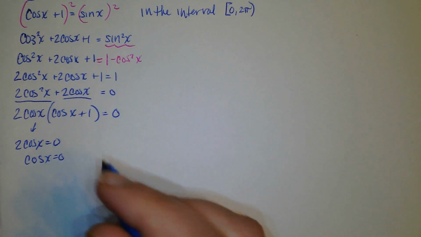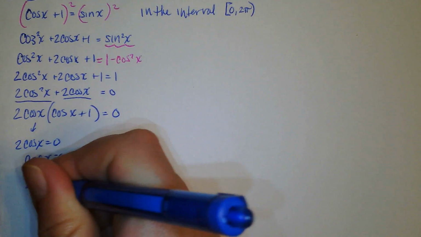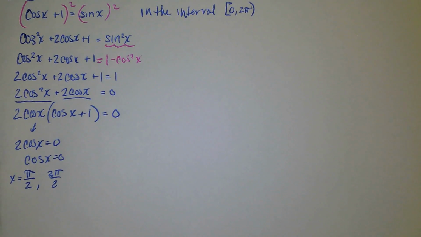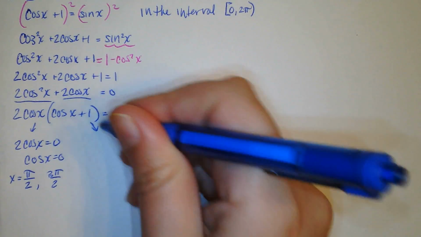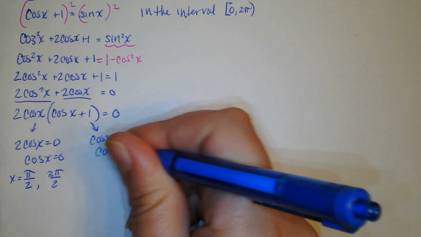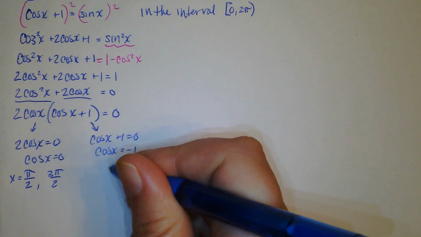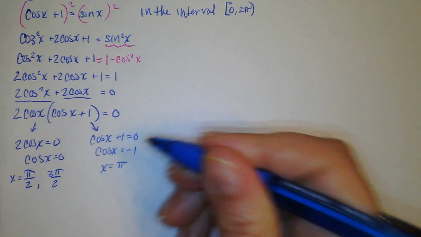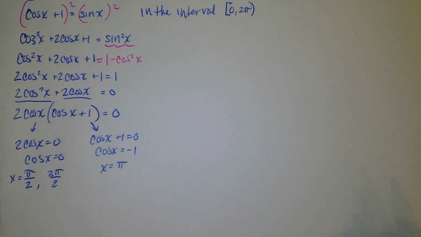When is cosine x equal to 0? That's at pi over 2 and 3 pi over 2. All right, let's split this one off and solve this. Cosine x plus 1 equals 0. When is cosine x equal to negative 1? Well, that's at pi.